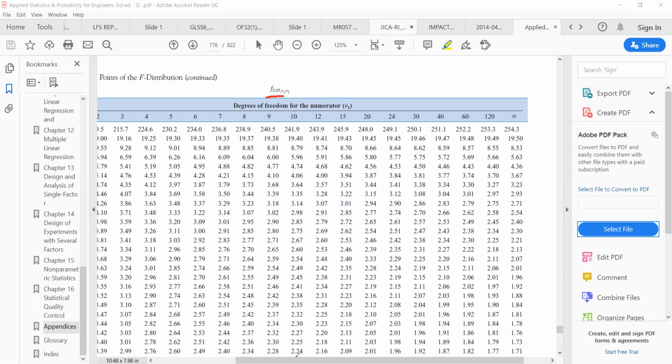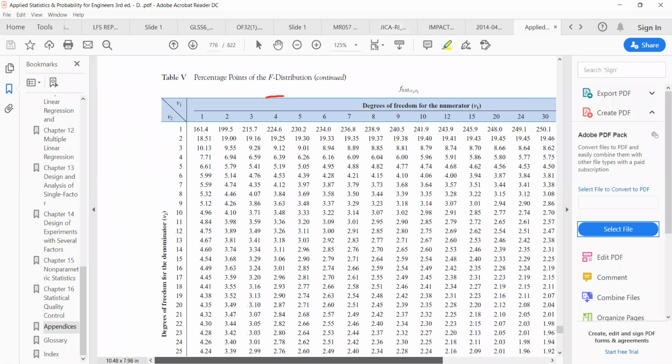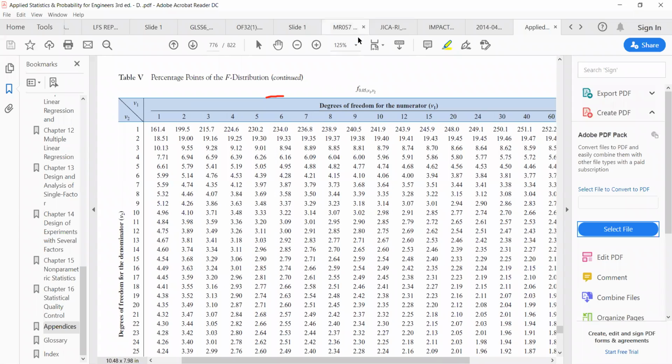Okay, then next we have to read our degrees of freedom, which are I think 4 and 20. 4, 20 means this is your V1, that's your first degree of freedom, V1. And then the second degree of freedom, V2.